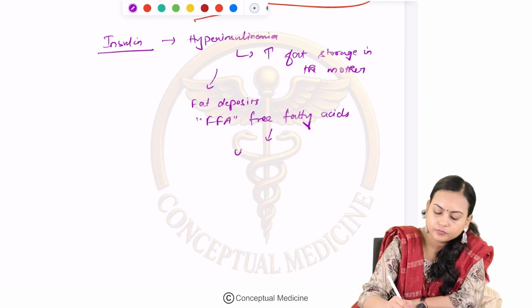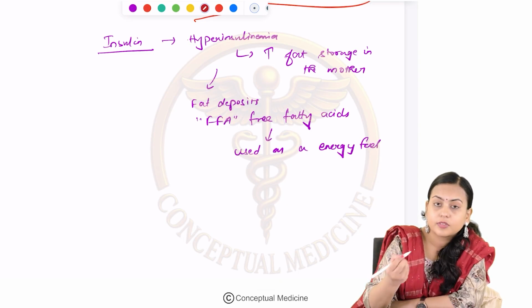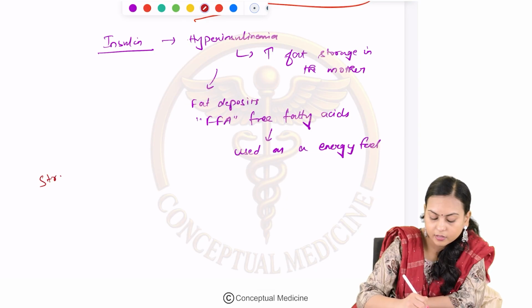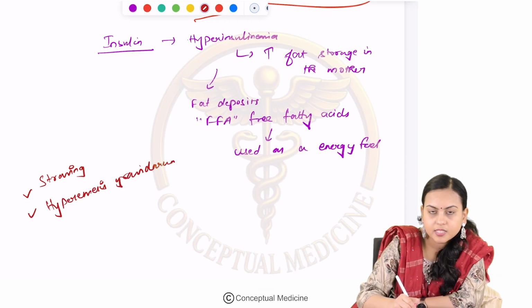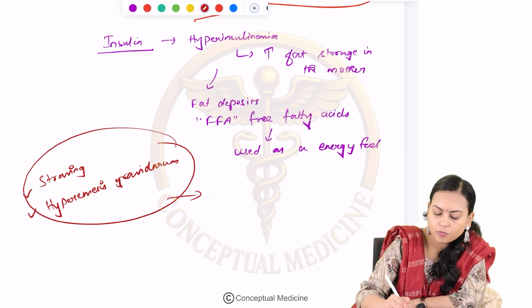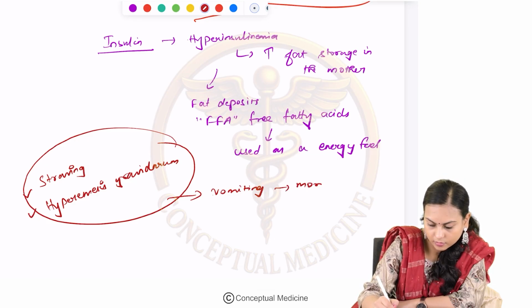Now, suppose the mother is starving, or if there is a hyperemesis gravidarum state, in this condition there is more vomiting and more energy loss.